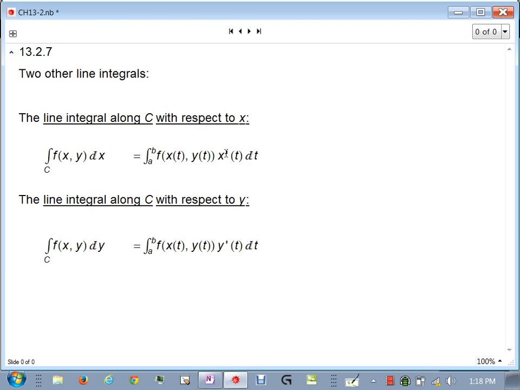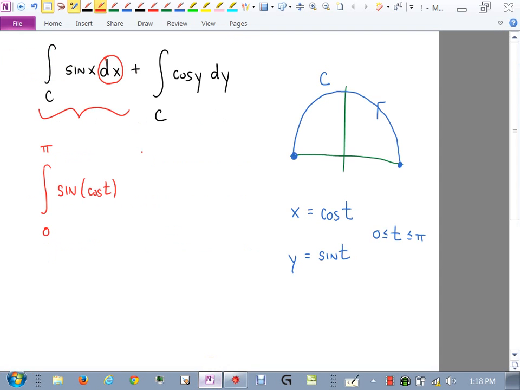It's x prime with respect to t. So dx is really x prime with respect to t, dt. So I come back over here. What is x prime? I may as well throw it down over here. What is x prime on the right side here? Negative sine t. So I have here negative sine t dt. That will be that first integral.